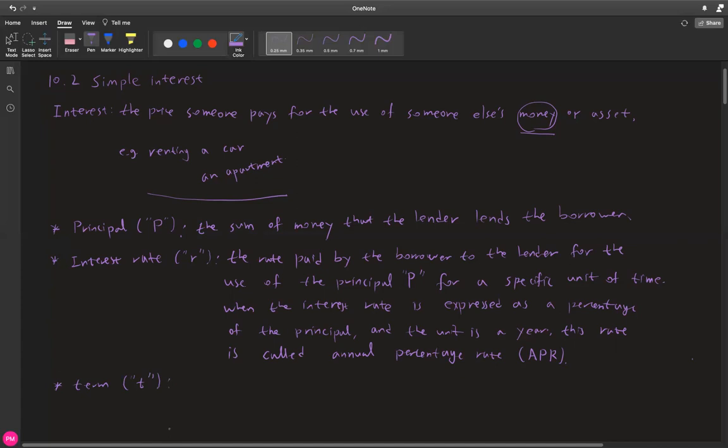The term, as the name already suggests, is the length of time the borrower is borrowing the money.